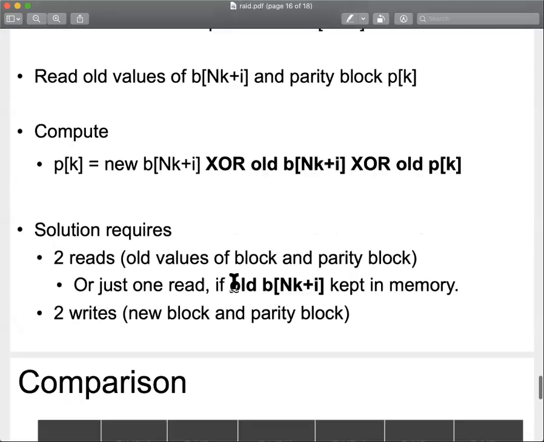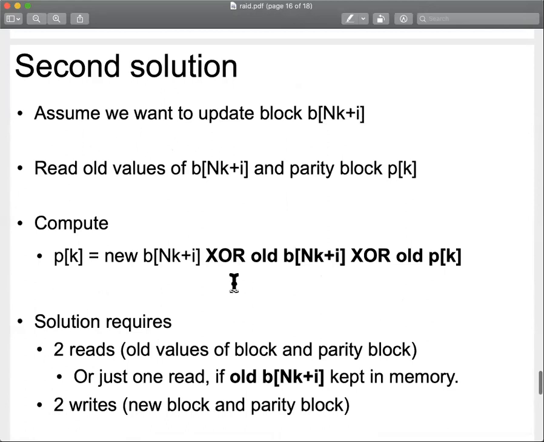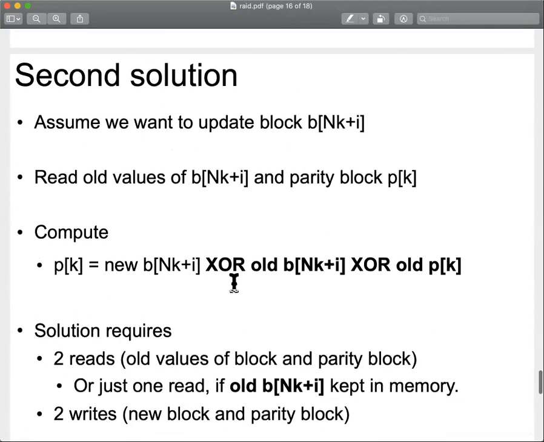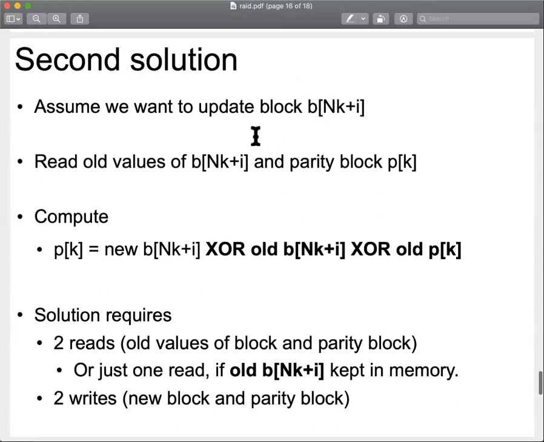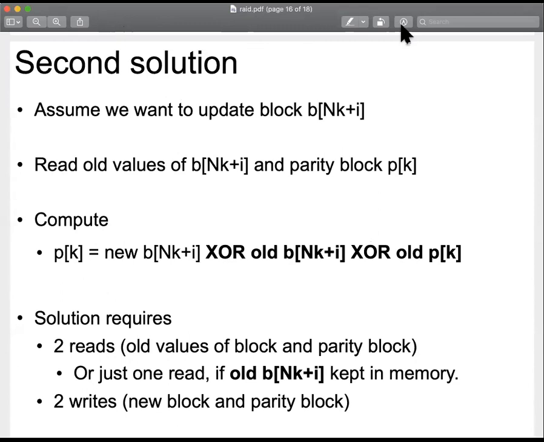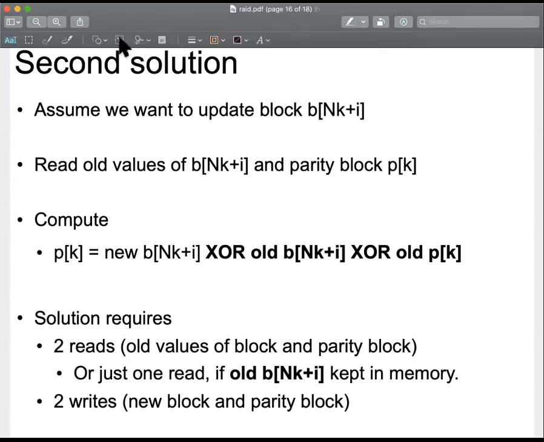Let me see how I can explain it better, because these equations can be a little confusing. So let me try to give an example by writing things down. I'm going to use this space in the middle.